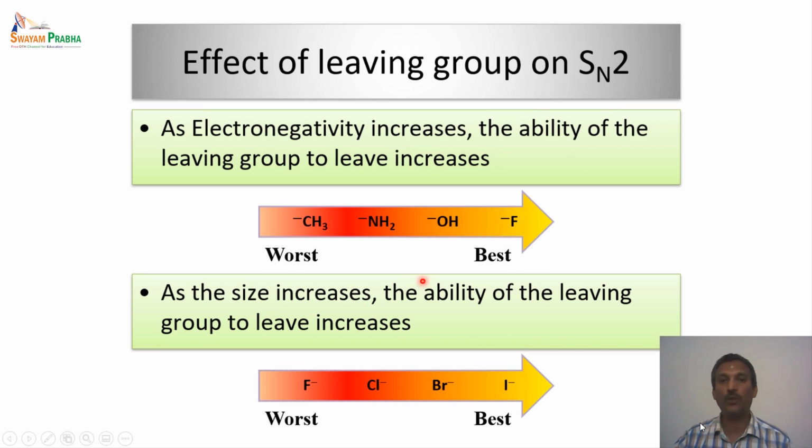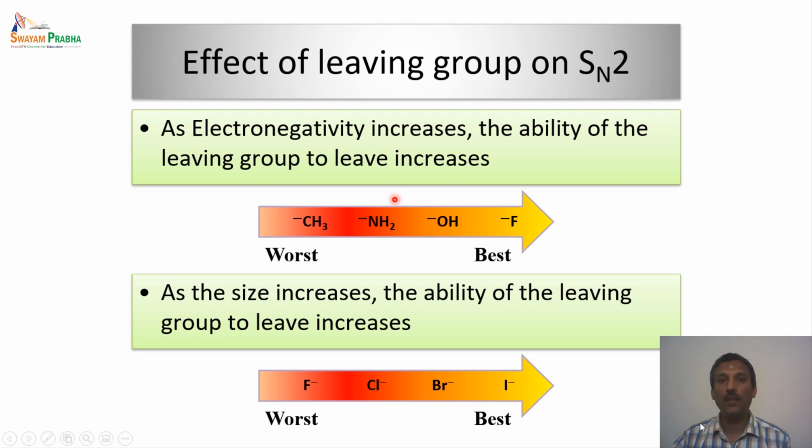So when we talk about two or three groups, we are actually talking about the relative ability with respect to something. We cannot always say OH minus is a poor leaving group or OH minus is a good leaving group, because these are not absolute terms. These are only relative terms.